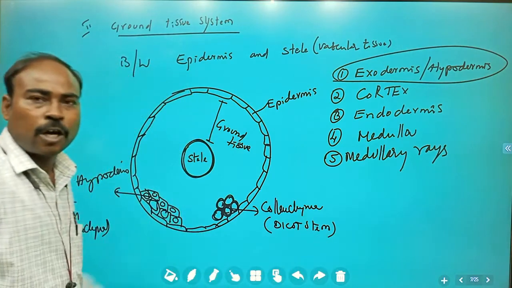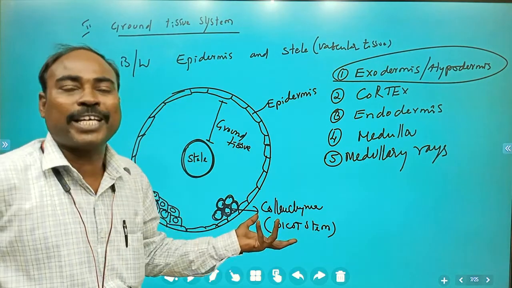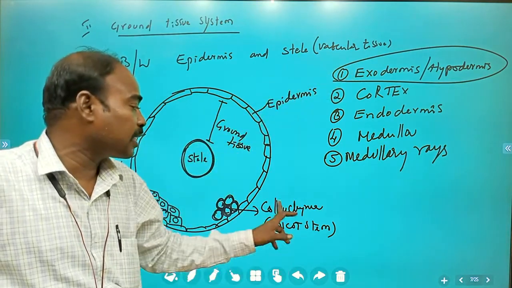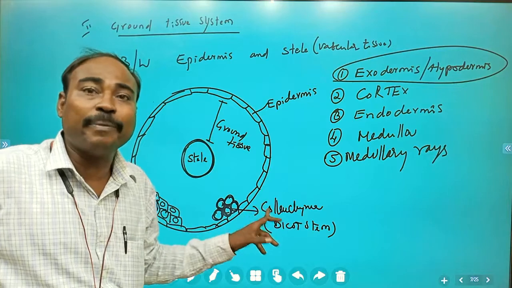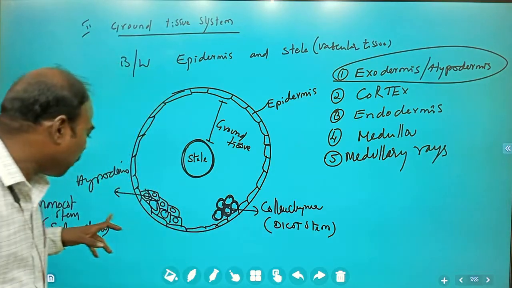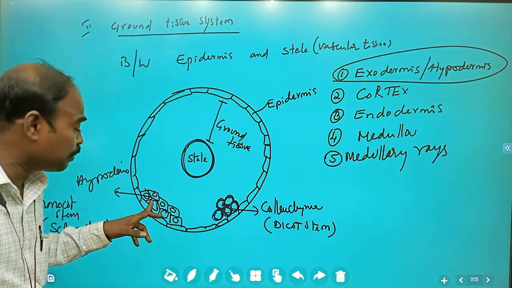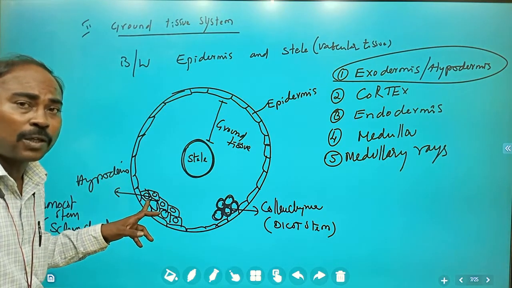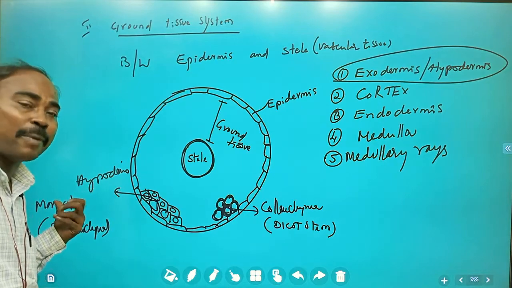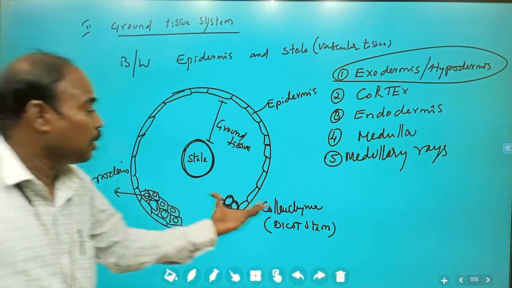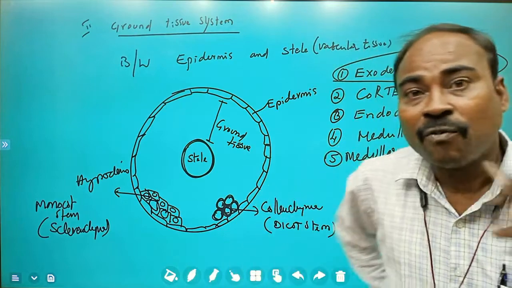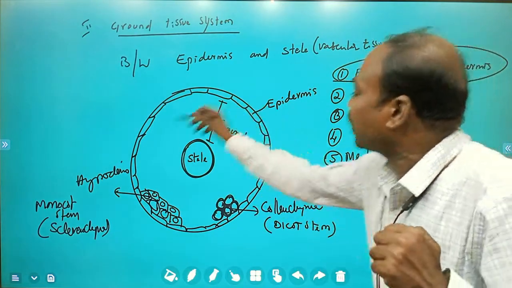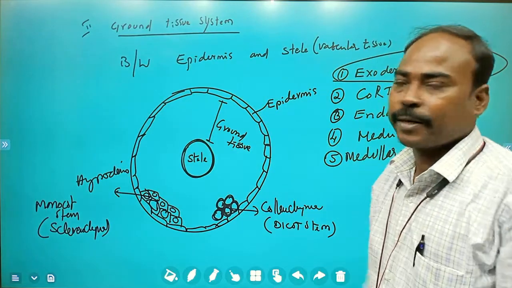Already we explained collenchyma tissue: beneath the epidermis as a hypodermal layer in dicot stems, the collenchyma tissue, a living mechanical tissue, is found. But beneath the epidermis of monocot stems, the hypodermal layer is not collenchyma but sclerenchyma. So sclerenchyma in monocots, collenchyma in dicots, forms the hypodermal layer. What is hypodermis? Beneath the epidermis in the stems generally, right?